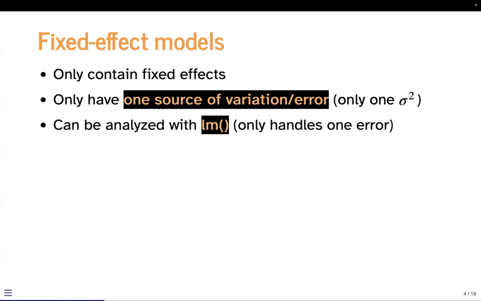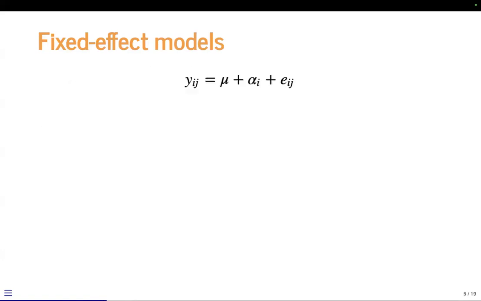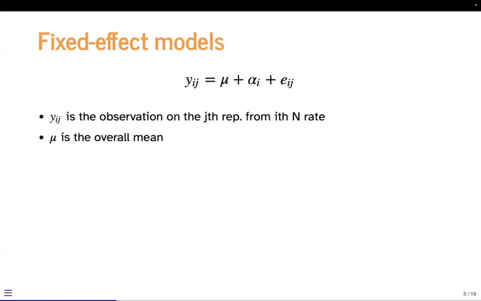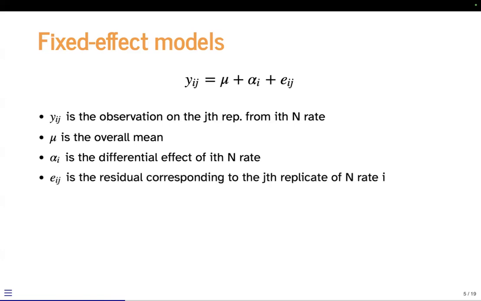If we just have a fixed effect model, then you can use lm in R. A model looks like this, where you have your observation, the overall mean, the effect of your treatment as alpha i, and then e_ij is the residual of that model, which is basically the source of error of that model.